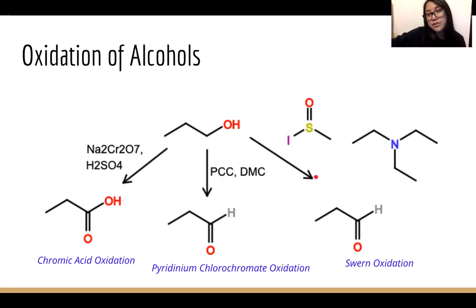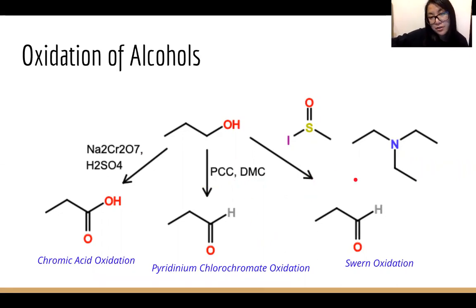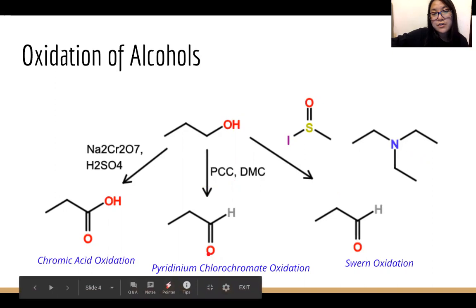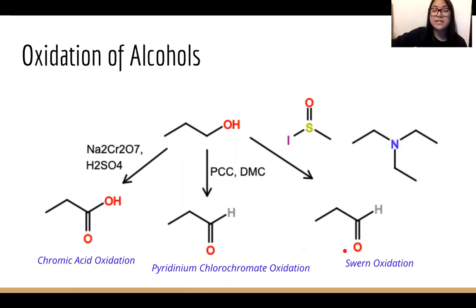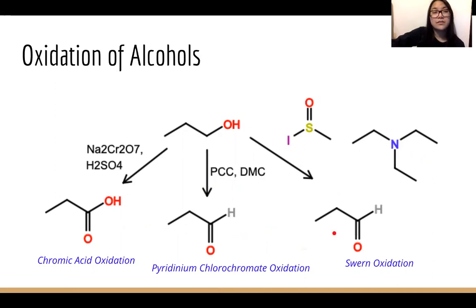There are two other ways you can oxidize, which is the PCC oxidation or the Swern oxidation. And you can see that with both of them, you result in the aldehyde. So there's a little bit of selectivity when it comes to primary alcohols, depending on if you want the carboxylic acid or if you want just the aldehyde.